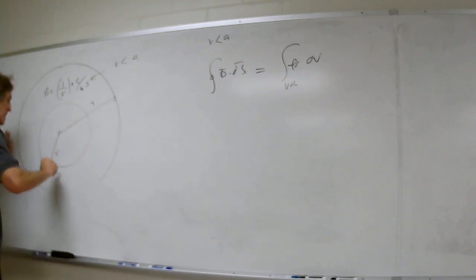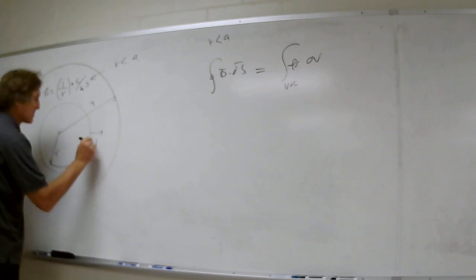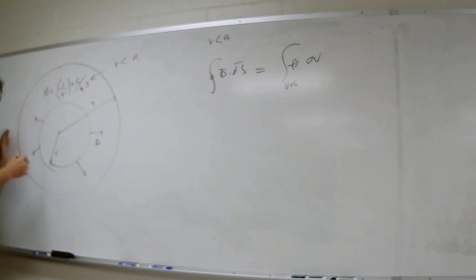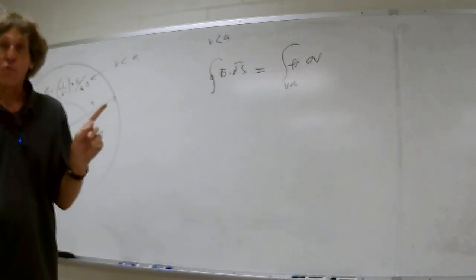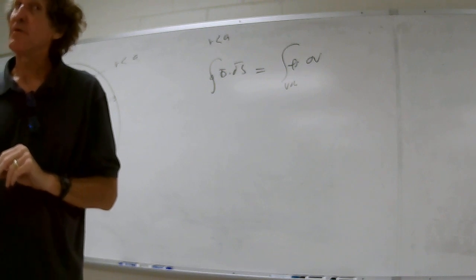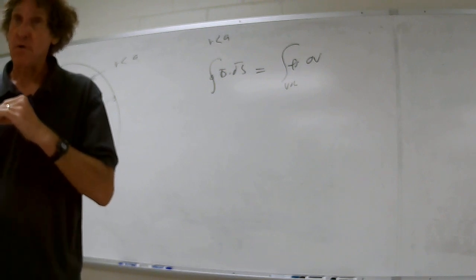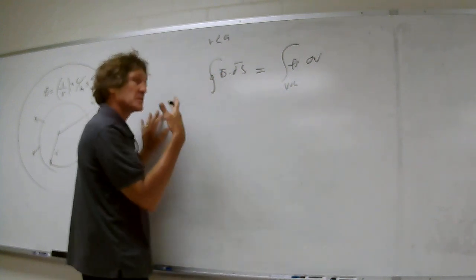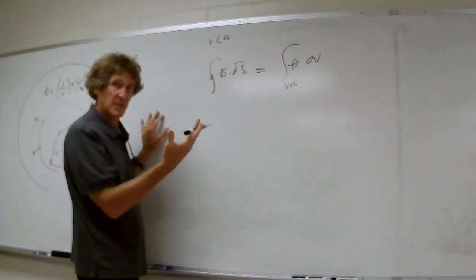Now I'm going to try to find the D field, and it's radially outward. We know that the D field is symmetric with respect to phi and theta, and the magnitude is constant at a given r, no matter where you are. Remember me saying this is really the surface area of a sphere times the D field? You all remember?